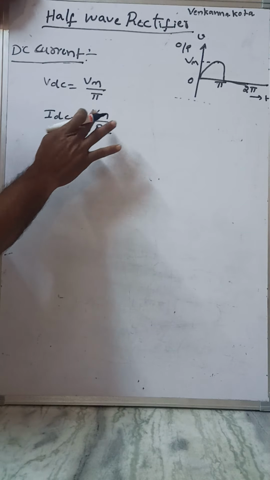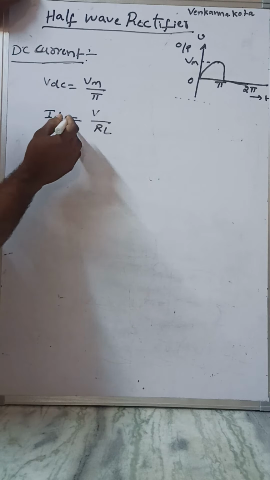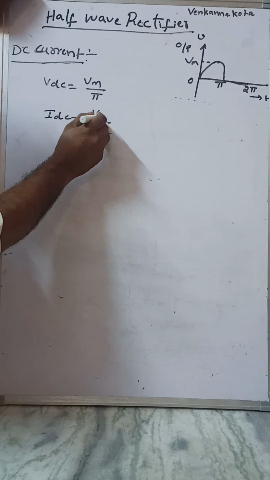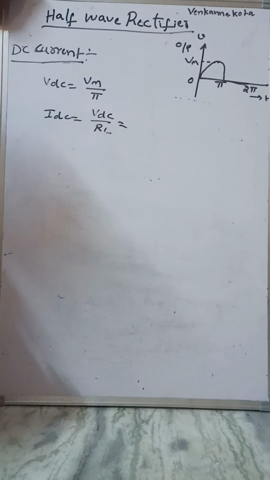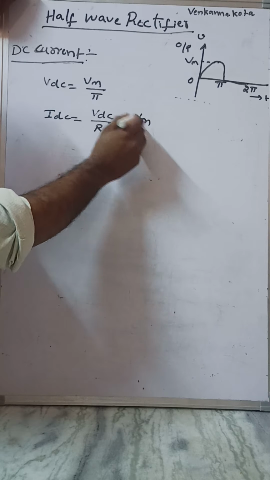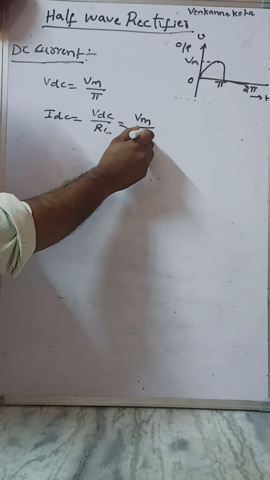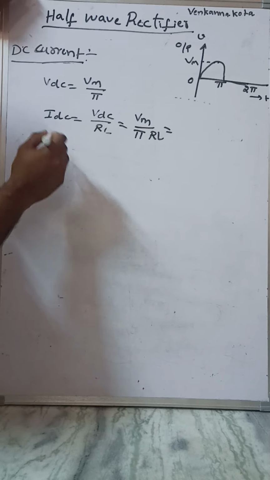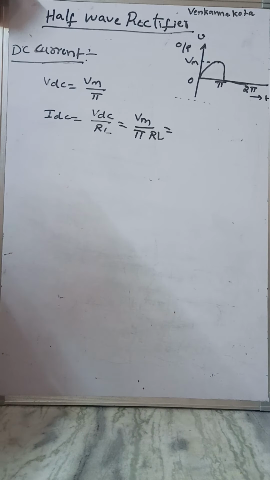Here it is VDC, not Vm. IDC is equal to VDC by RL. So VDC is equal to Vm by pi, into RL. So Vm by pi is equal to the VDC value.